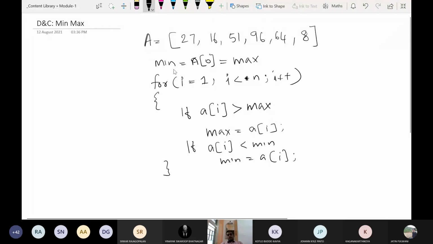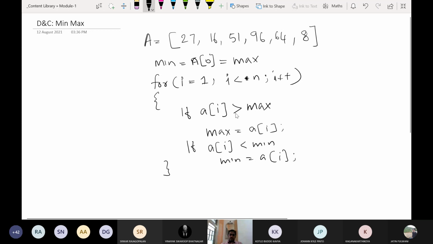At the end of this for loop, once it executes fully until the condition fails, you have the maximum element in the max variable and the minimum element in the min variable. That is the logic, and it is very familiar to us.